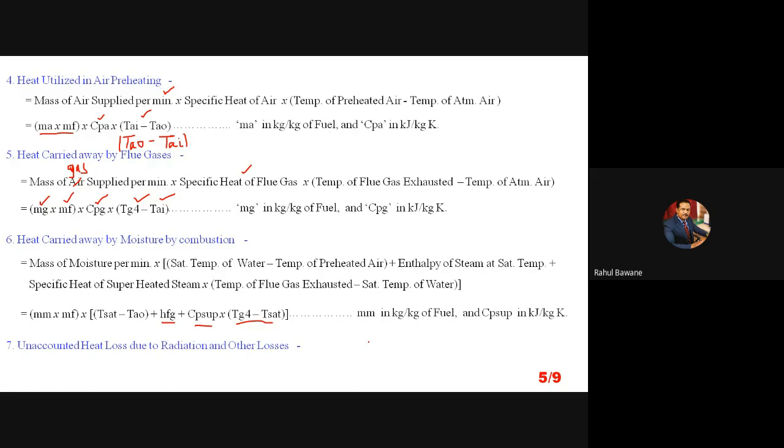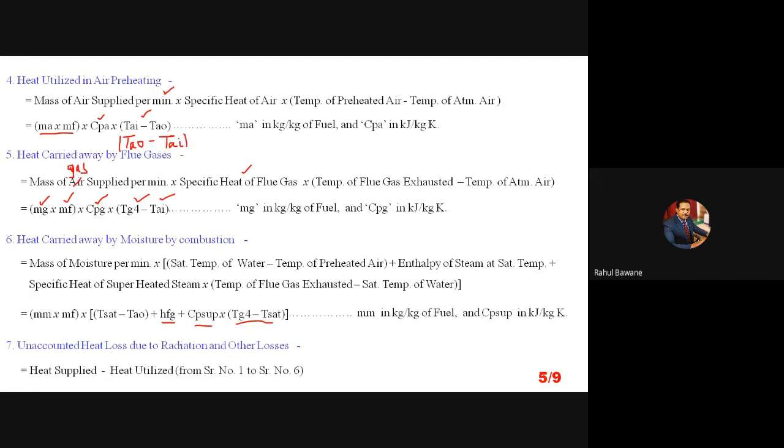So what we did is take the difference of total heat supplied minus all these heads of heat. Whatever the difference is, we call it unaccounted heat. So that covers everything: heat loss by radiation, heat loss by convection, heat utilized by heating metal parts and all. All these are considered as unaccounted heat.